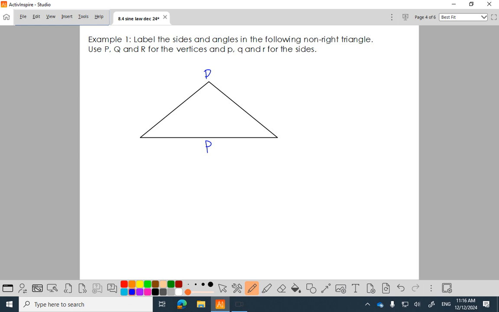If I put Q here, side Q is over here, across. And then last but not least, R. So you could have gone P, Q, R, and then this would be Q, and this would be R. Doesn't matter. No, we're not going to do anything else here. It's up to you.